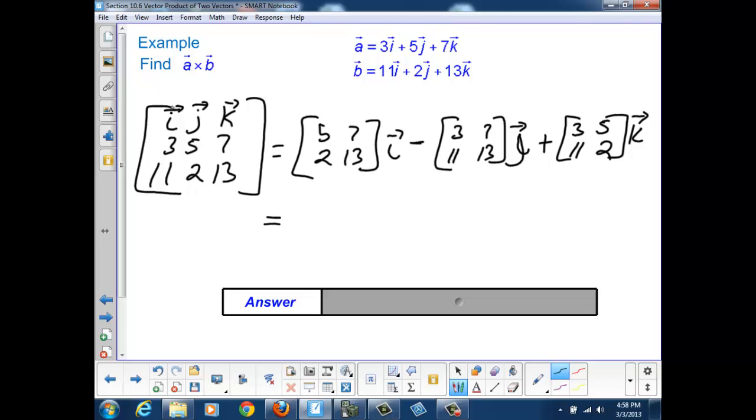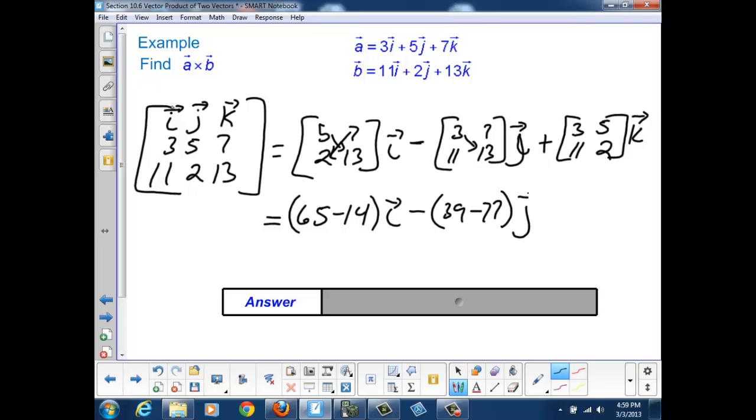So 5 times 13 is 65 minus 14 for i. So the diagonal going from left to right minus the diagonal from right to left. And then we have minus 3 times 13, or 39, minus 7 times 11, or 77.